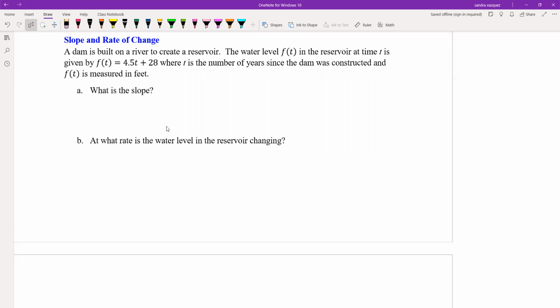The water level F of t in the reservoir at time t is given by this formula, where t is the number of years since the dam was constructed and F of t is measured in feet. What is the slope? They have given you a formula.